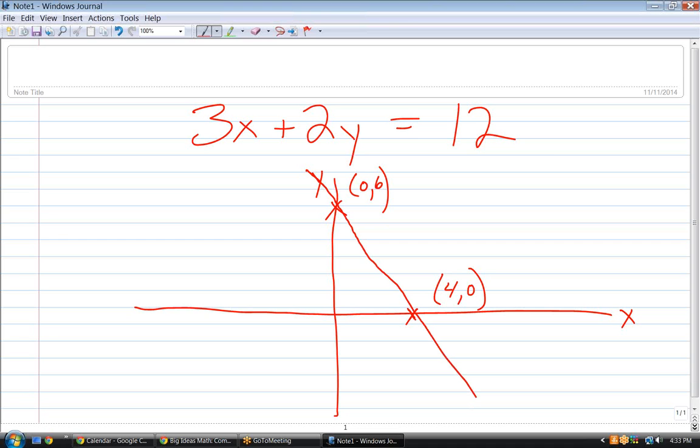That's the one time you don't have to worry about slope, is when you're graphing an equation that is in standard format. Figuring out the x and y-intercepts from standard format is real easy because you just plug in 0 for the other one.